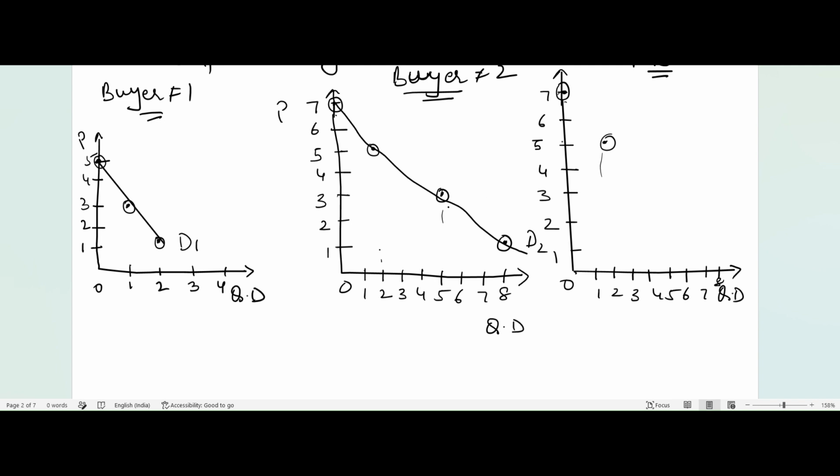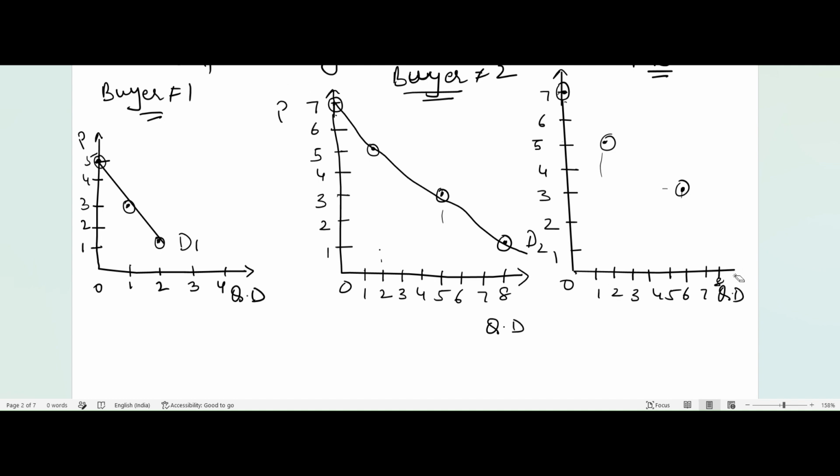Then at 3, do we have something? Yes, we do. At 3, buyer 1 was asking for 1 unit and buyer 2 was asking for 5 units. So 5 plus 1 gives us 6. So at price 3, I will go for 6 units. And then at price 1, buyer 1 had 1 quantity demanded and buyer 2 had 8, so the market demand becomes 9.